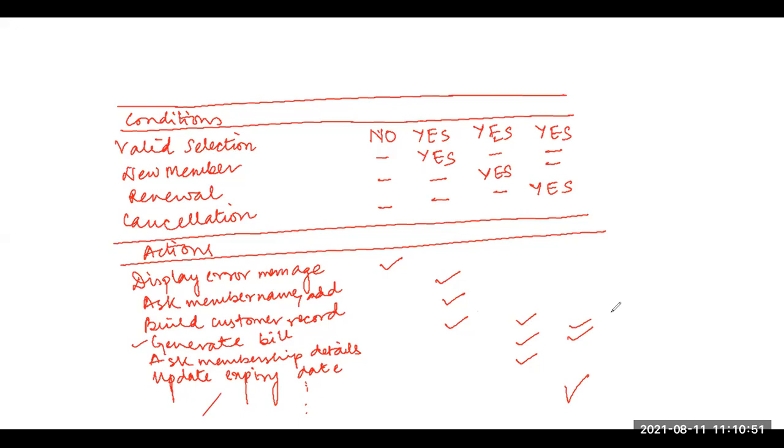This is how I portrayed the same case study using a decision table, and how I portrayed it using the decision tree. Now, instead of writing a dash over here, you need to write a no. Why am I telling you? Because these conditions are not true, you will write a no. Okay.